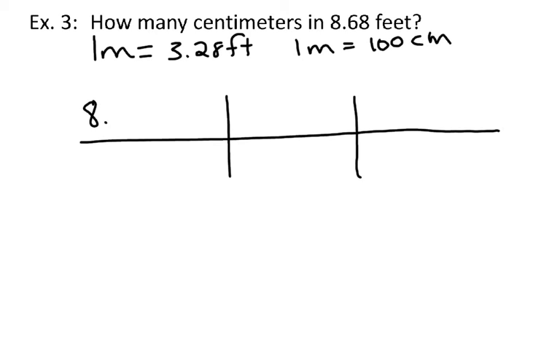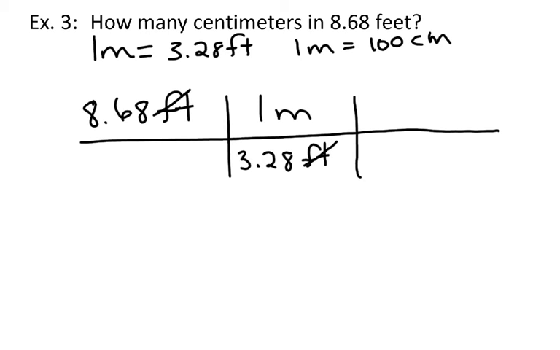Now, once again, the left box gets what I started with, so it gets my 8.68 feet. Of the 2 conversion factors, the only one with feet in it is 1 meter is 3.28 feet. So I'm going to put the 3.28 feet here, so my feet cancel out. Then I'm going to put 1 meter here. Now I'm going to put the 1 meter here and the 100 centimeters here.